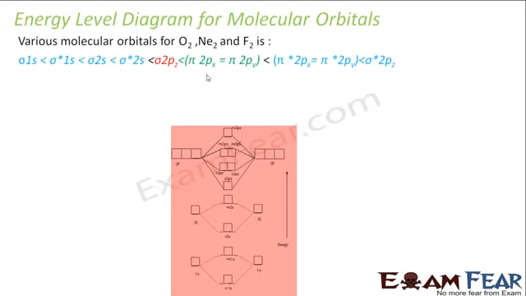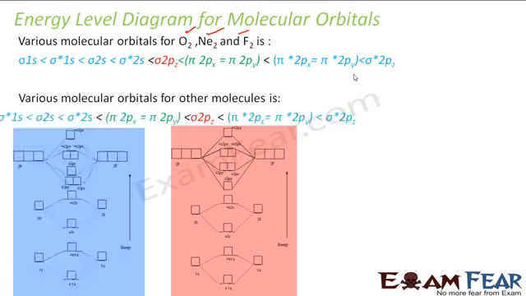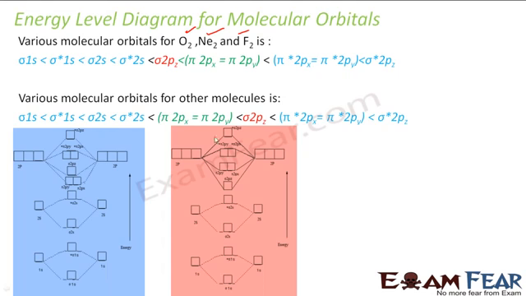The exception here is for oxygen, neon and fluorine, which have this energy diagram, and for other molecules the energy diagram is this. If we compare, this is for O2 and this for the others. Sigma 1s, sigma star 1s, sigma 2s and sigma star 2s are all the same, but the only difference is this.